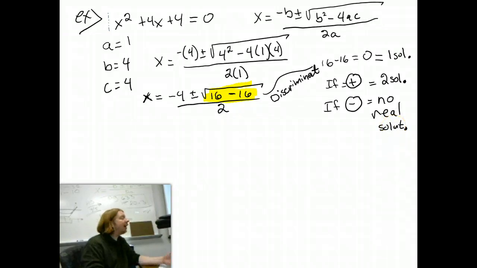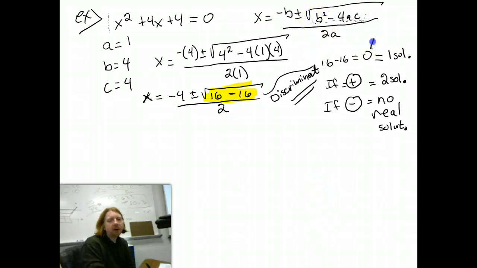My solutions are going to be imaginary. At this point with the quadratic formula, if you get no real answers, just stop. Don't worry about breaking out the imaginary numbers, because we're not going to actually do the complex numbers for a while. If you get no real solutions, that's a result of the discriminant, the b squared minus 4ac, being negative.